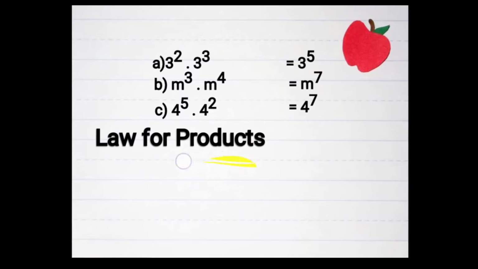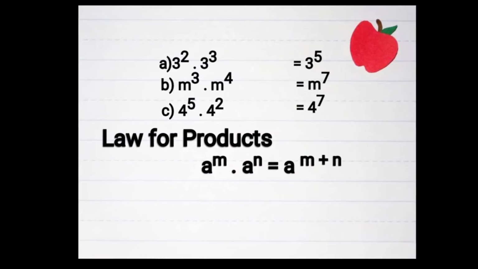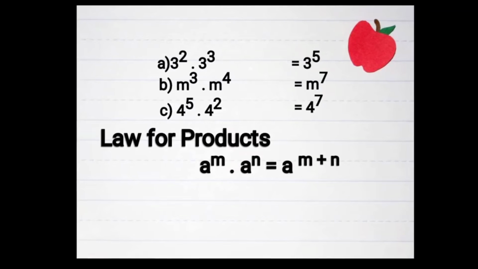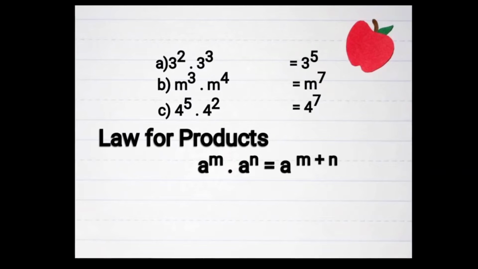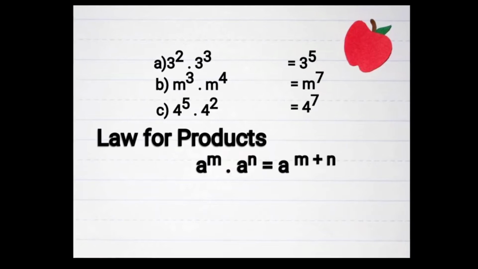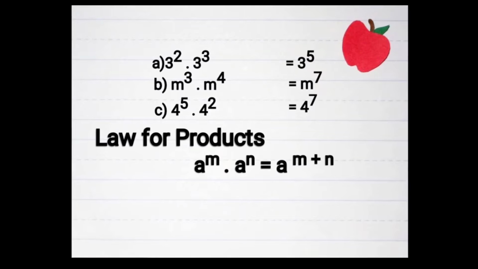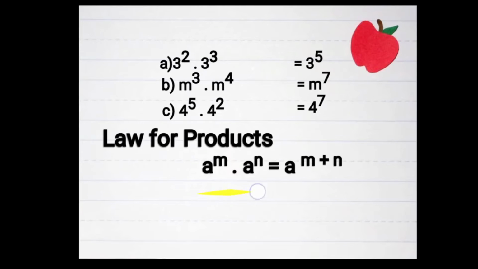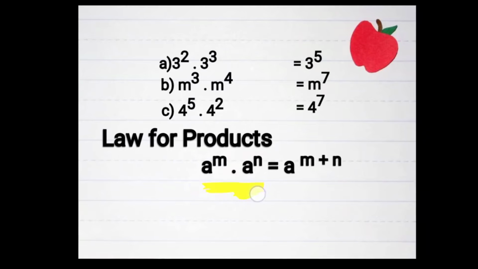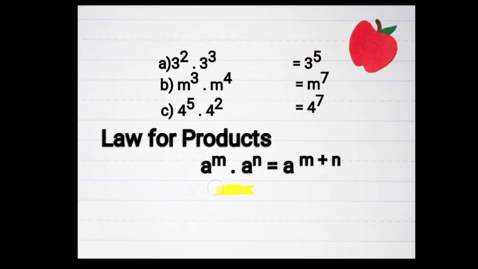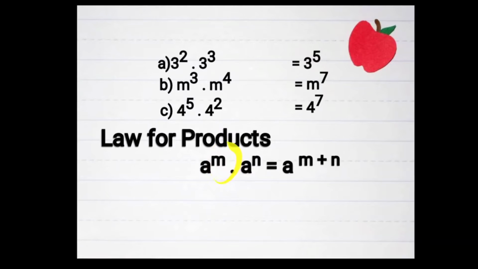So law for products just states that you have to add the exponents with the same base, okay? If the operation is multiplication, like this one, a raised to m times a raised to n.